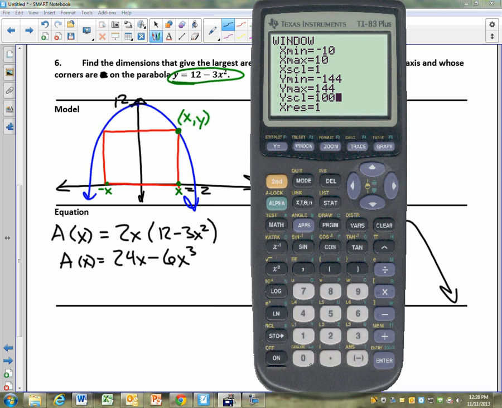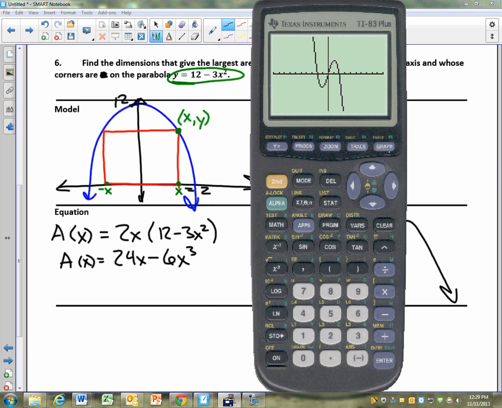I'm just trying to give you an idea of how to pick a reasonable value. 12 by 12 is way too big. If we press graph now, we should definitely see it. You might say, well, that's way too much, I only need to see to there. If you want, go into your window and change it to, I don't know, negative 50 and positive 50, so it looks better. Do whatever you want.